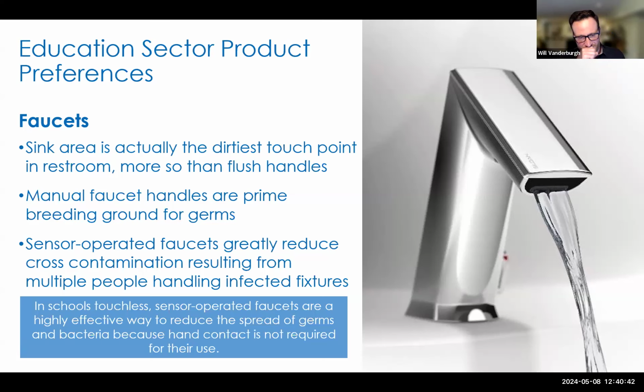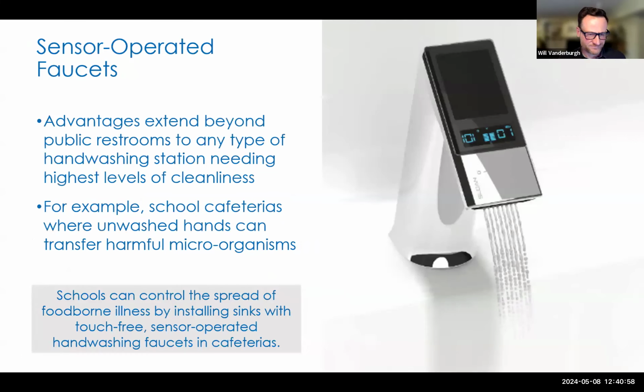So sensor activated faucets offer the opportunity to take that out of the equation, along with some of the other advantages we talked about as well, in terms of having an automatic shut-off feature that can be incorporated into them. And then sensor activated faucets can certainly be employed beyond the washroom itself, particularly in cafeterias and food service areas.